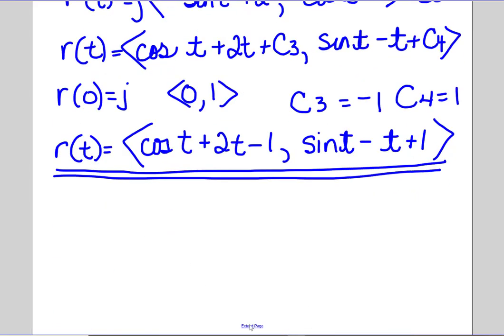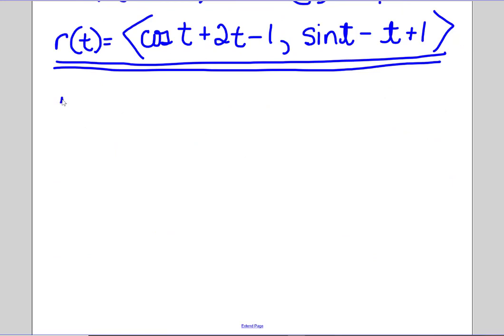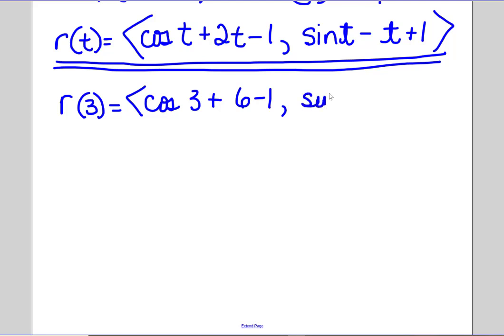So this is where we're going to need our calculator to get an estimate, because when time is 3, we're looking at the cosine of 3 plus 2 times 3, that's 6, minus 1. That's the horizontal. Then the vertical is the sine of 3 minus 3 plus 1.